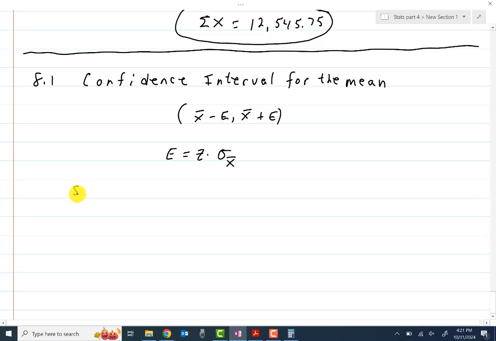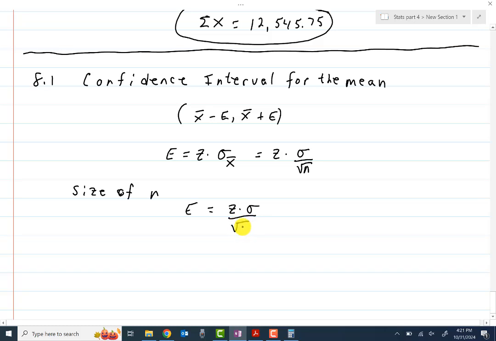We also need to find out the size of n. So from this calculation here, you don't have to follow along with this if you don't want to.